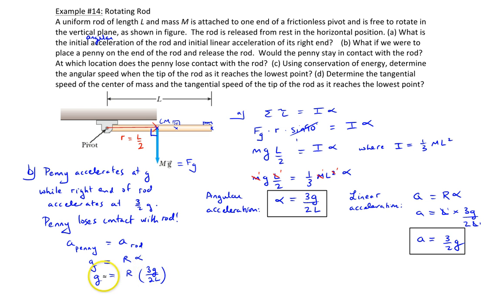And now you can see there's a g on both sides, which you can cancel out. And if we rearrange for r by itself, you're going to find r to be equal to 2/3 of L. So essentially the penny needs to be 2/3 of the distance of the rod from the pivot point. So 2/3, so 1/3 away from the right end, so that it will stay in contact.